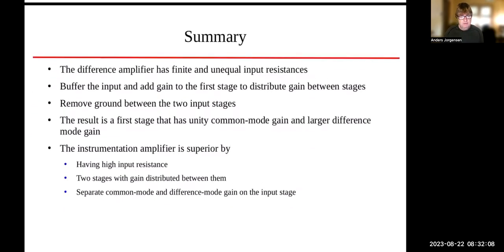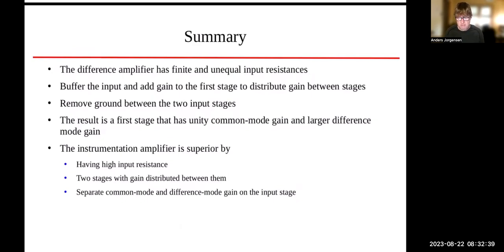We've looked at the difference amplifier, and we've noted that it has finite input resistance and that the input resistors are not equal. Then we tried to buffer the inputs, and that's great. But we like to use them with some gain since we have them there. But when we add the gain, then the bias value of the quantity that we're trying to measure gets amplified as well.